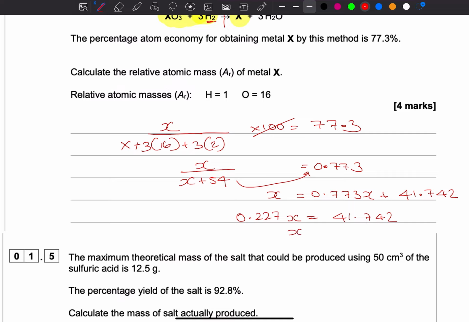Then 41.742, and you just divide 41.742 by 0.227, which will give you what? 183.9, which roughly you could say is 184.